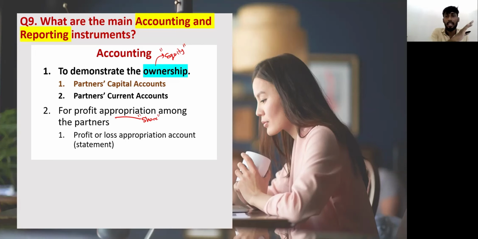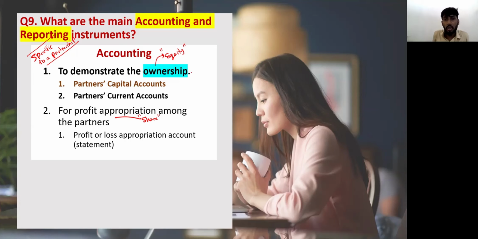Now, a partnership business also uses the double entry system and maintains all the records, but I am taking some key things which are specific to a partnership. Keep a note.